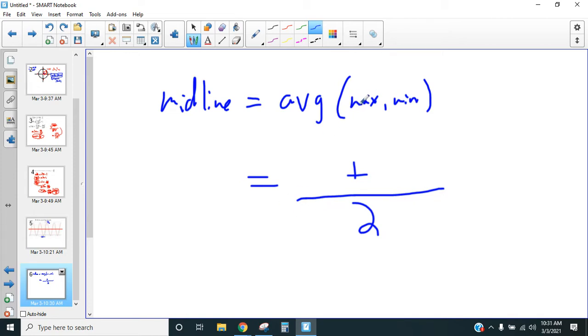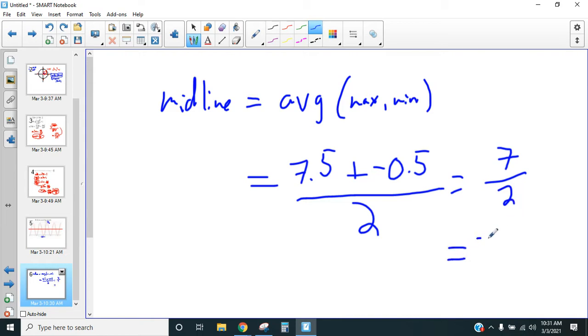You have it written down. 7.5. What was the minimum? So if we add up those two things, those two add up to 7. And if we divide that by 2, guess what that is? That's how you find the midline. You're just finding the average of the maximum and the minimum. That's one way to do that.